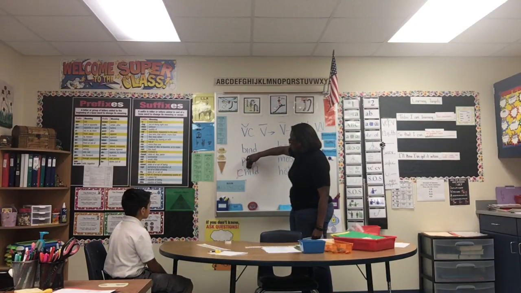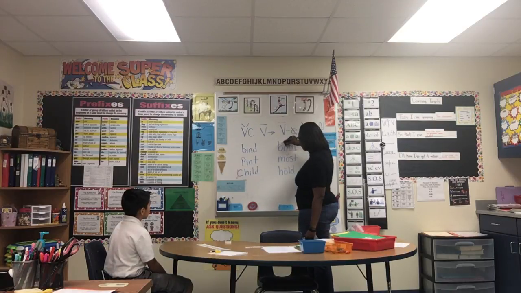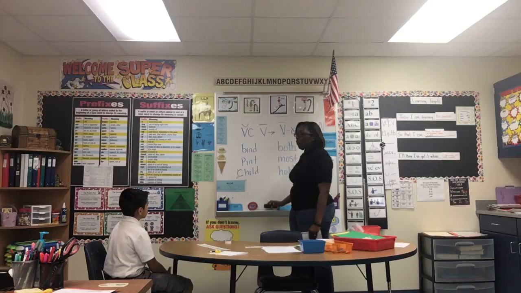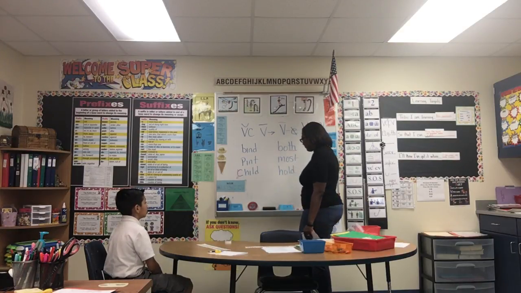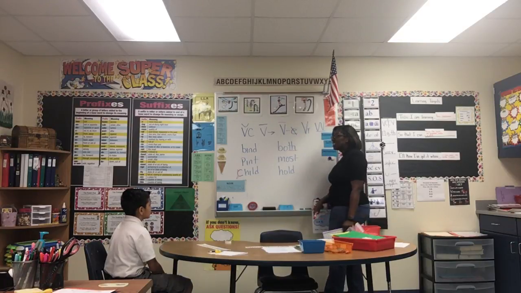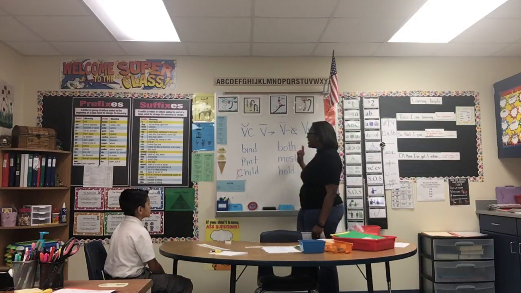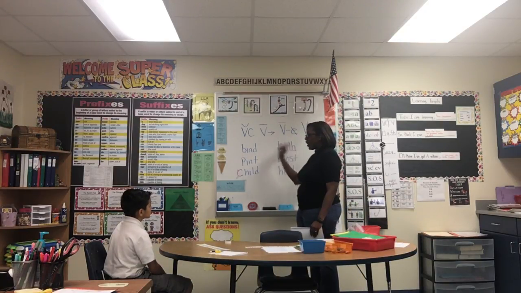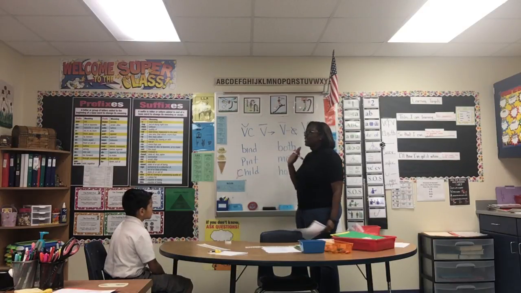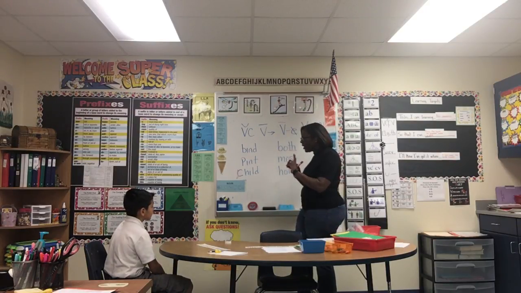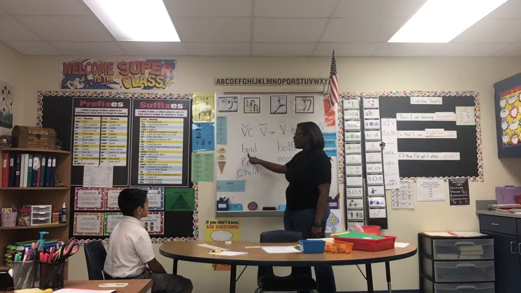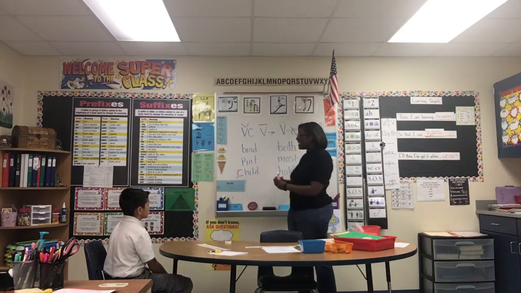So Miss Moore's teaching you a new thing today. We call these wild old words. Can you say that? Wild old. There are some words that don't follow our normal codings. If you have a one-syllable word, it has a vowel followed by two consonants.